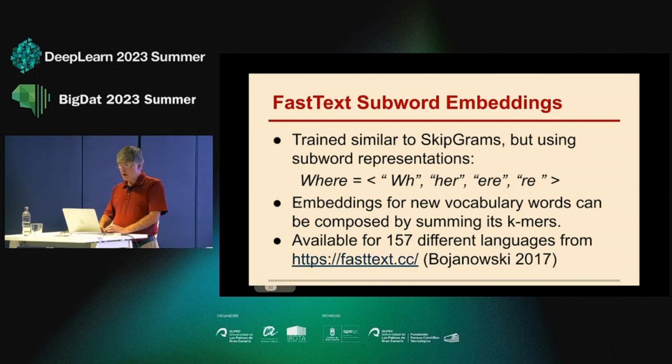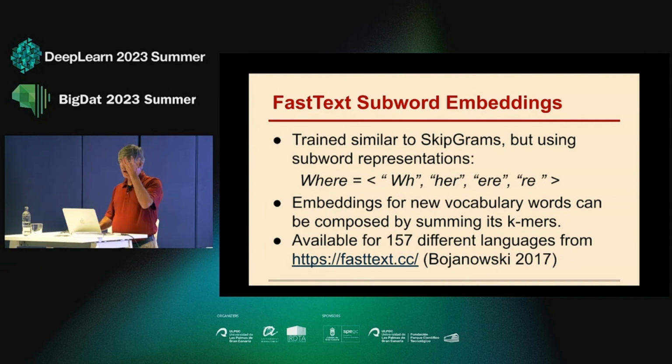And then if I want to know what where means, I've got to combine all the k-mers for that word. How can I figure out what where means if I know what WH means, HER means, ERE means, and RE means? Maybe I could take these embeddings and add them up and average them.